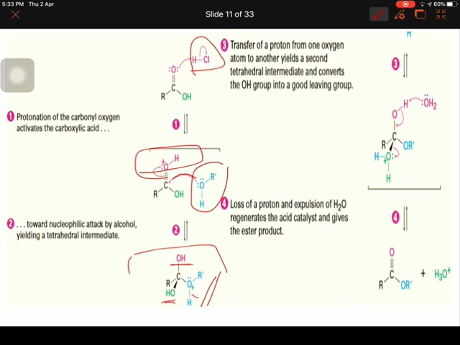Now this hydrogen is getting out, and it is going to protonate this hydroxy to get water, which is an elimination.